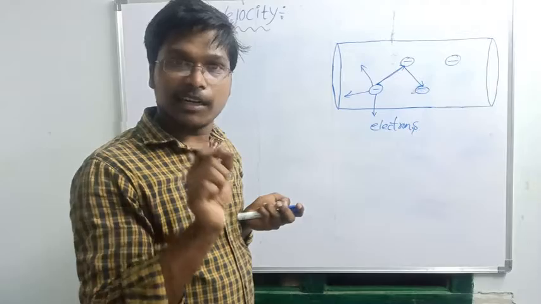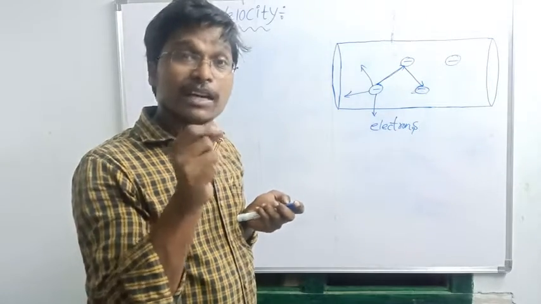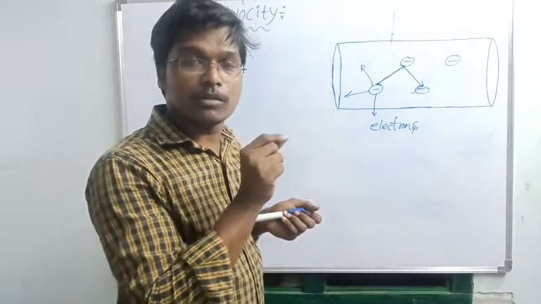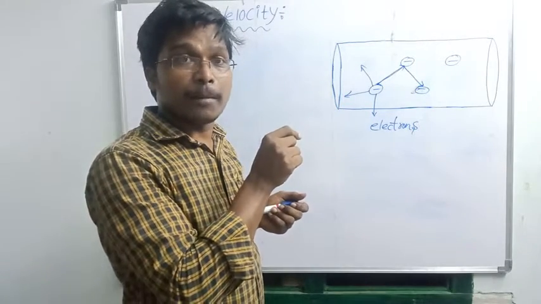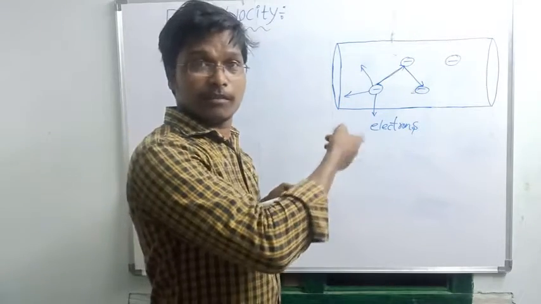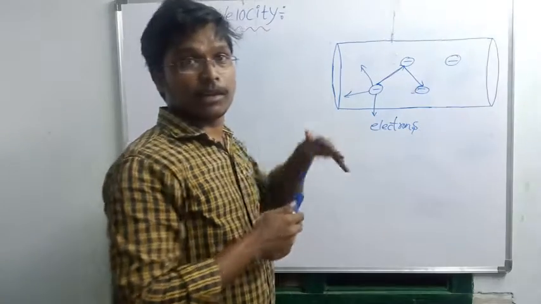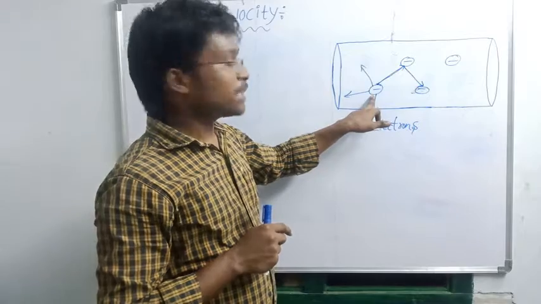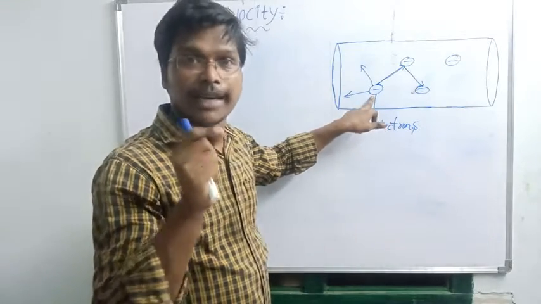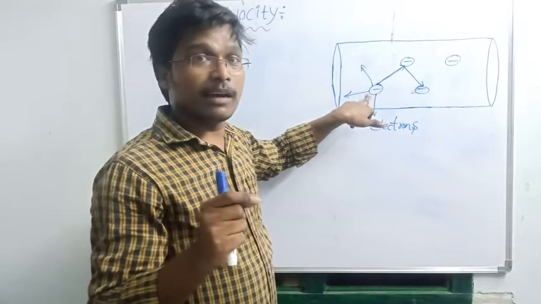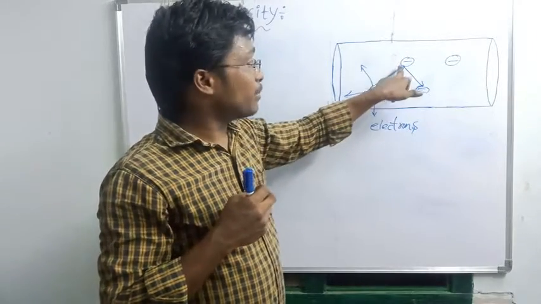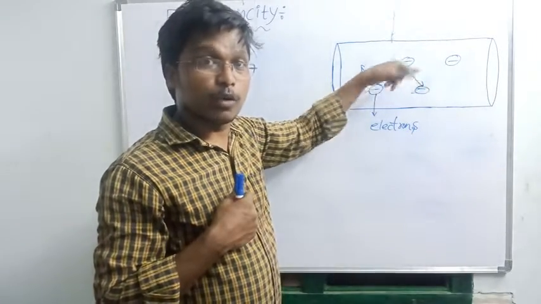Because of the random motion, the random nature of the electrons, the electron makes collisions with other electrons. This electron is hitting other electrons; that means it is making collisions with other electrons.